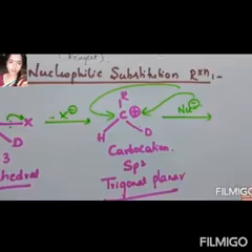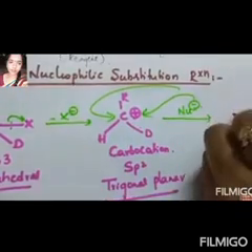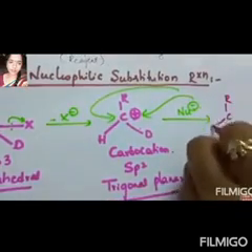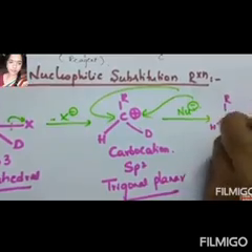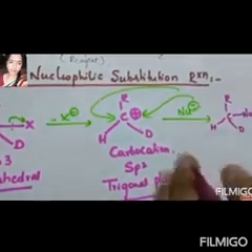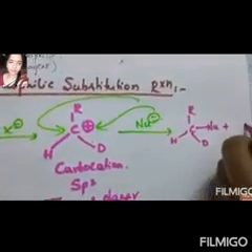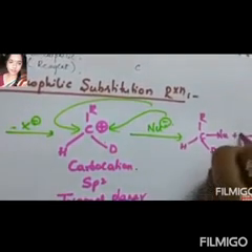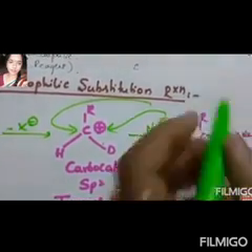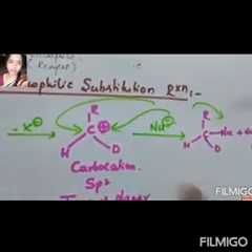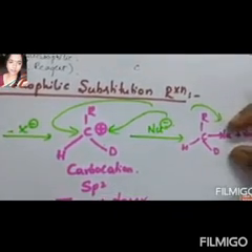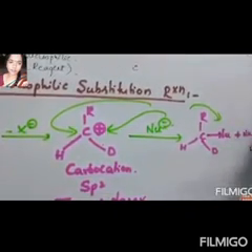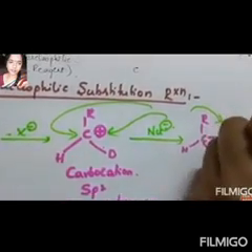Due to this geometry, the nucleophile can attack this side or that side. So we can write two different compounds: first, on the right side we substituted the nucleophile, and in the next compound we substituted the nucleophile on the left side. It can form two different compounds like this.